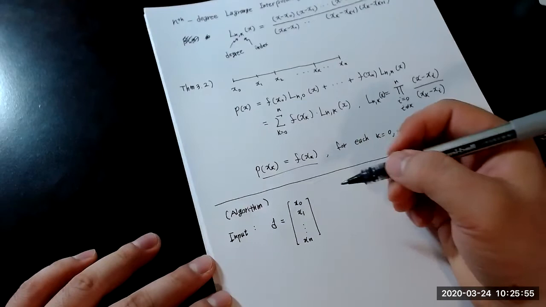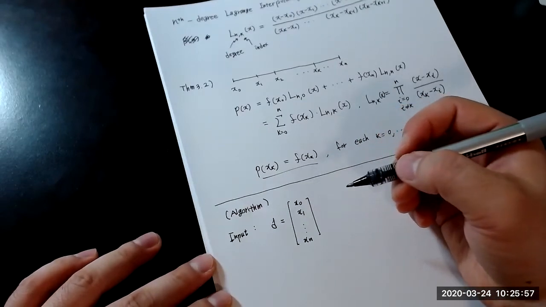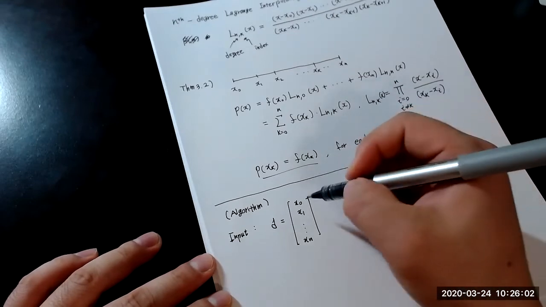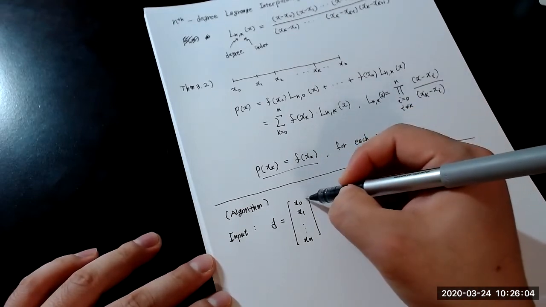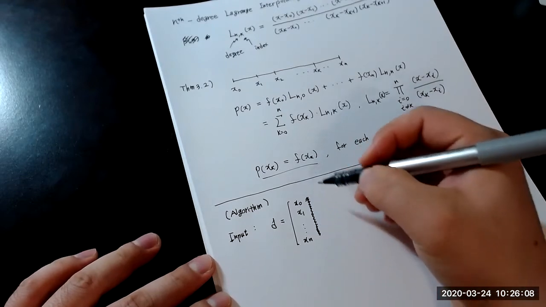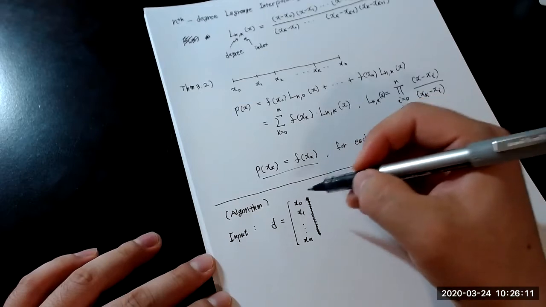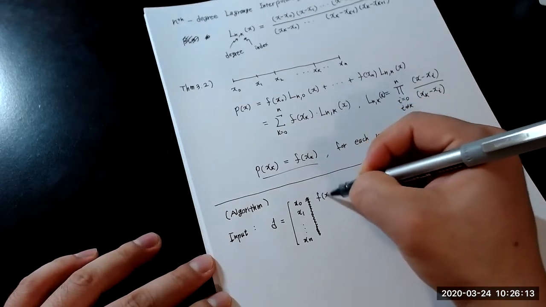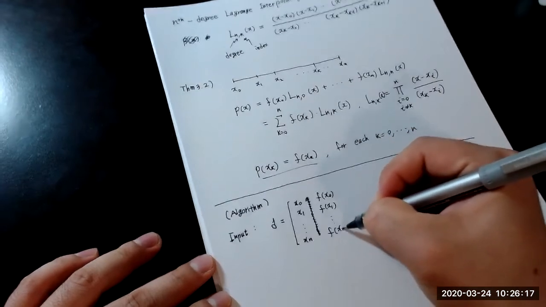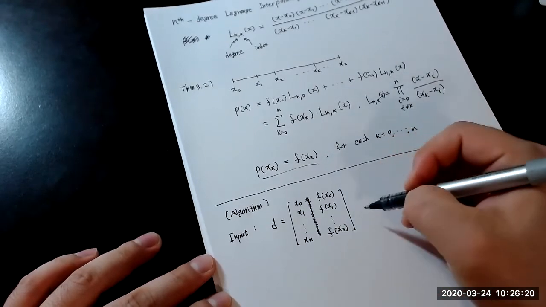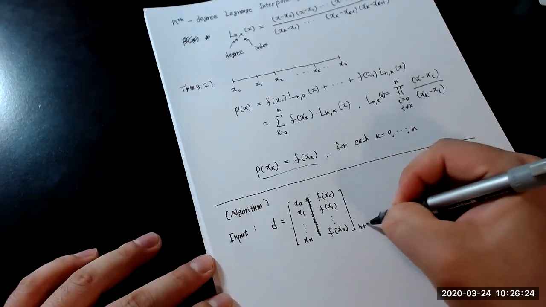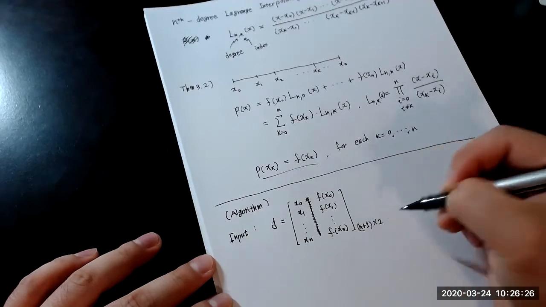So input nodes, and sorry, let me add one more column, which is the function values at each node: f(x0), f(x1) through f(xn). So D must be an (n plus 1) by 2 matrix.